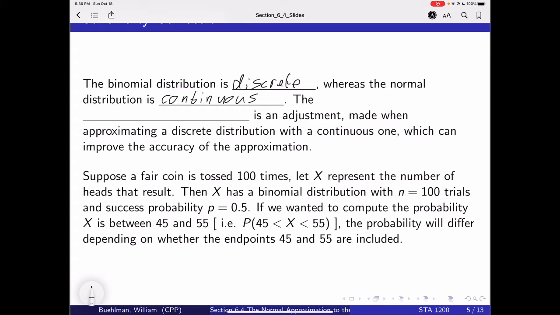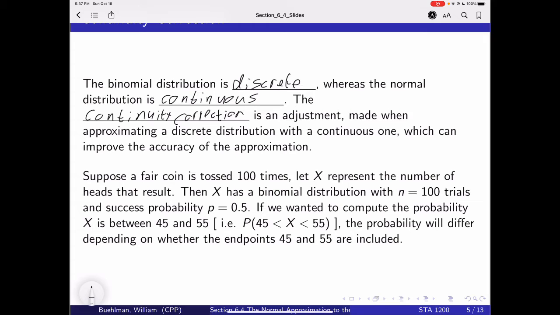The continuity correction is an adjustment made when approximating a discrete distribution with a continuous one, which can improve the accuracy of the approximation. Suppose a fair coin is tossed 100 times.